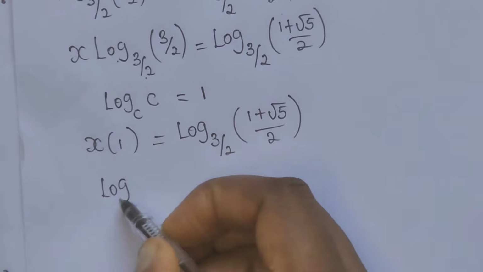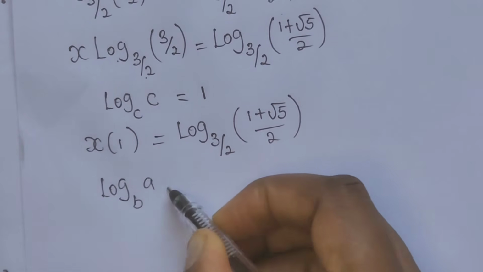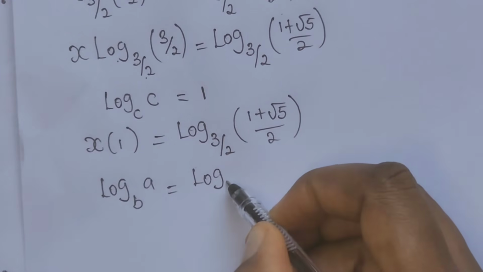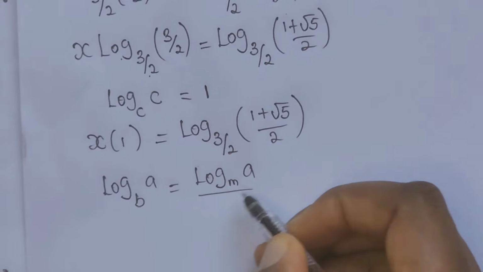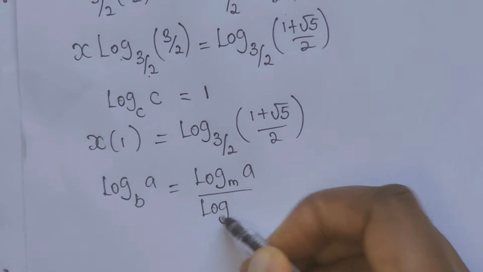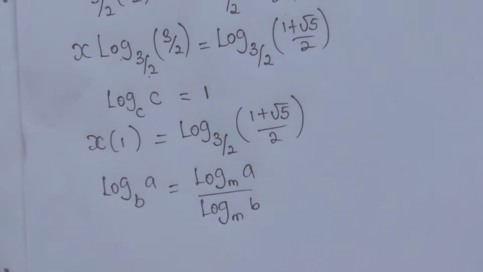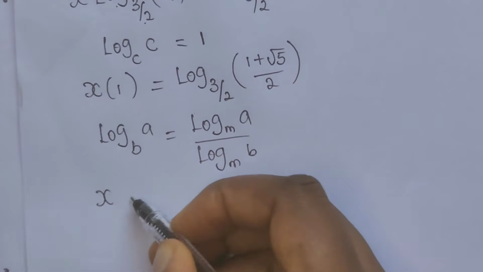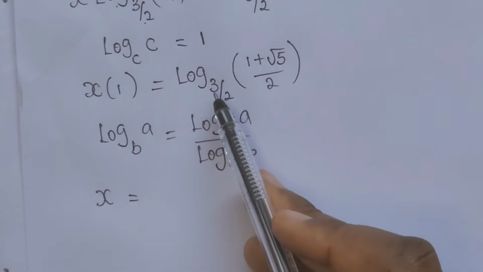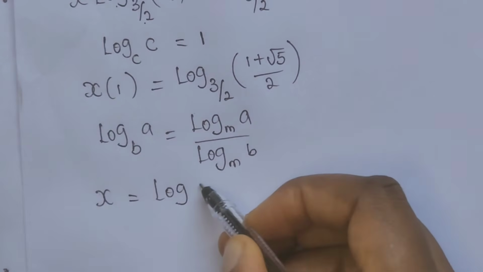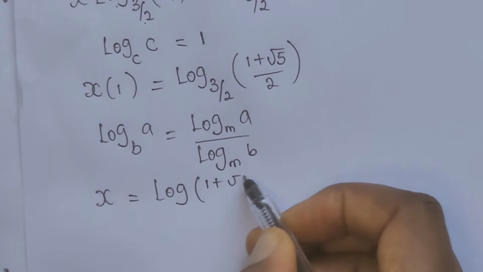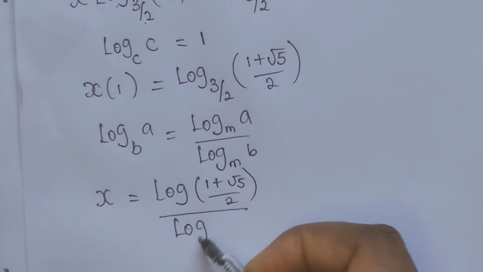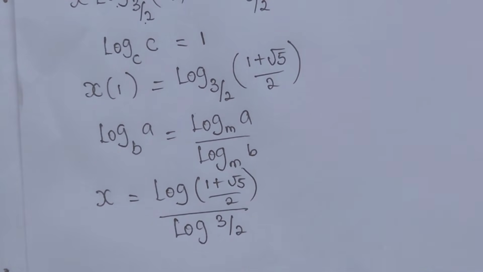From here, log to base b of a is equal to log to base m of a all over log to base m of b. So we have x times 1, which is x, is equal to log of (1 plus root 5) over 2 all over log of 3 over 2.